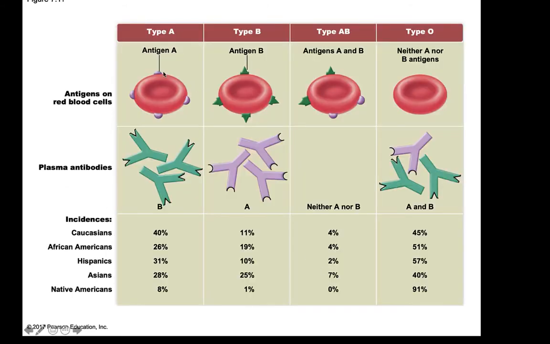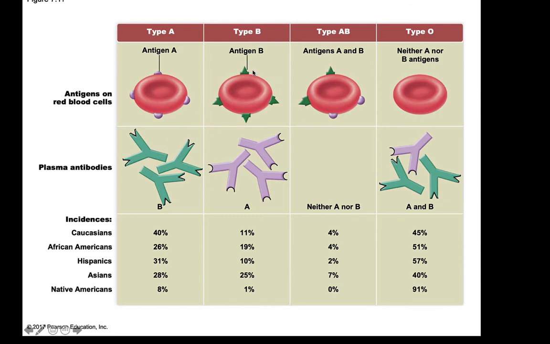Now here we can see type A, which means they have type A antigen, type B antigen, and AB, so both A and B antigens are on the red blood cell, and type O is when neither antigen is on the red blood cell. Now, when we look at antibodies, if you are type A, you will have anti-B.